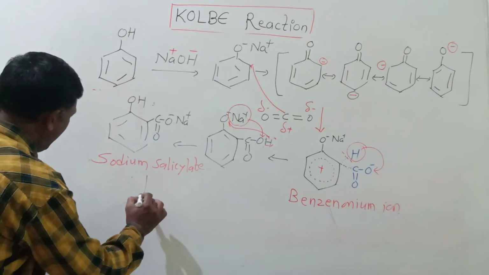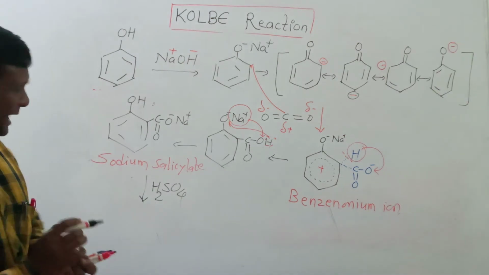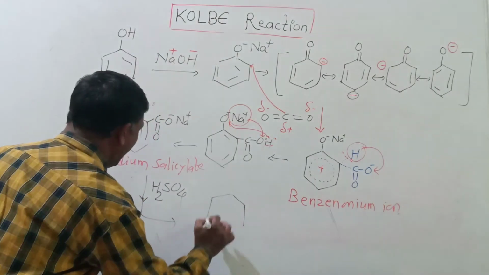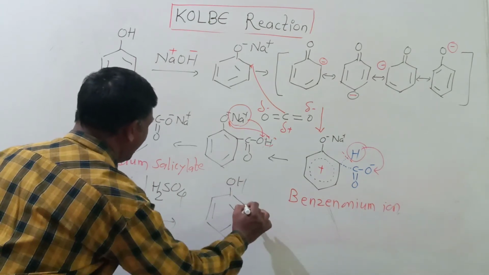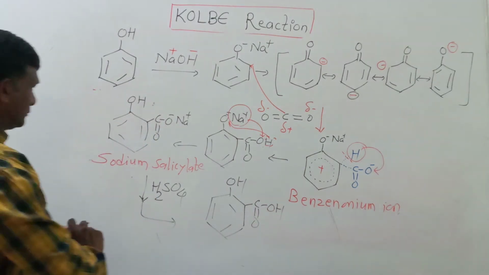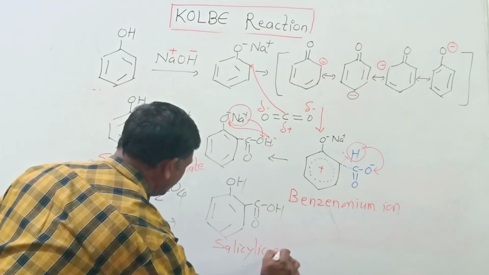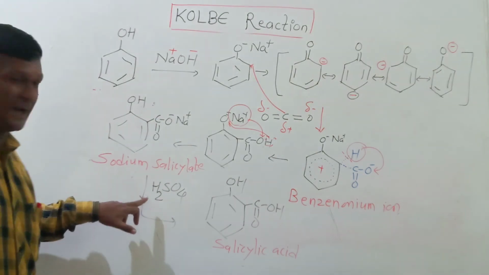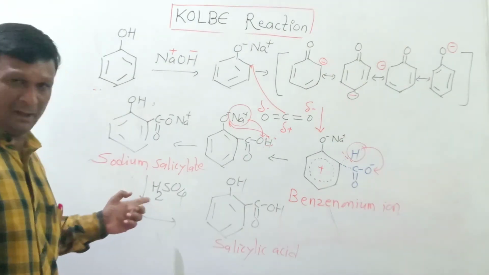This, on treatment with sulfuric acid, gives us the free acid which is called salicylic acid. The sulfuric acid is a diprotic acid and readily gives the H plus ion.